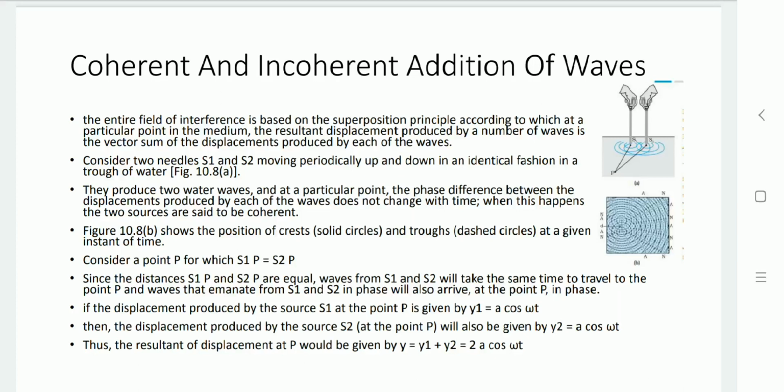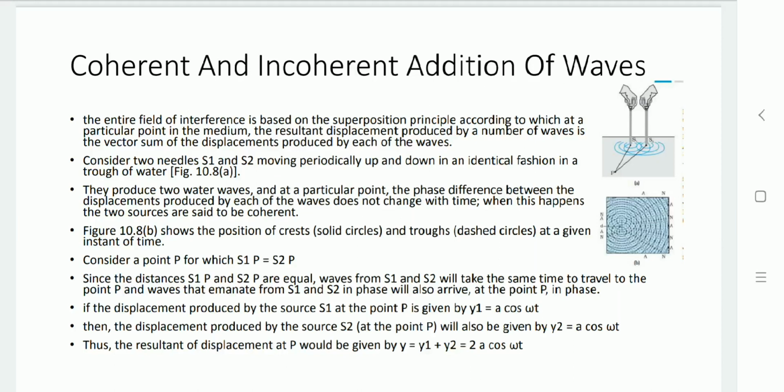So at a particular point P, as you can see from diagram A, consider S1P equal to S2P. If we assume that at point P the distance from source S1 to P and S2 to P is the same, then waves coming from S1 and S2 will take the same time to reach the point.